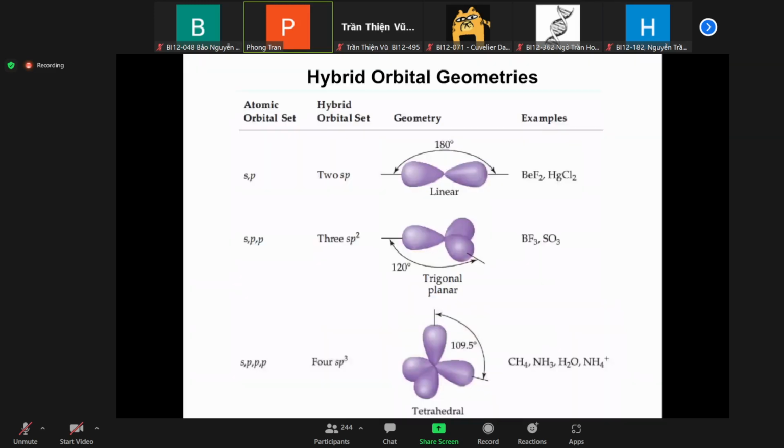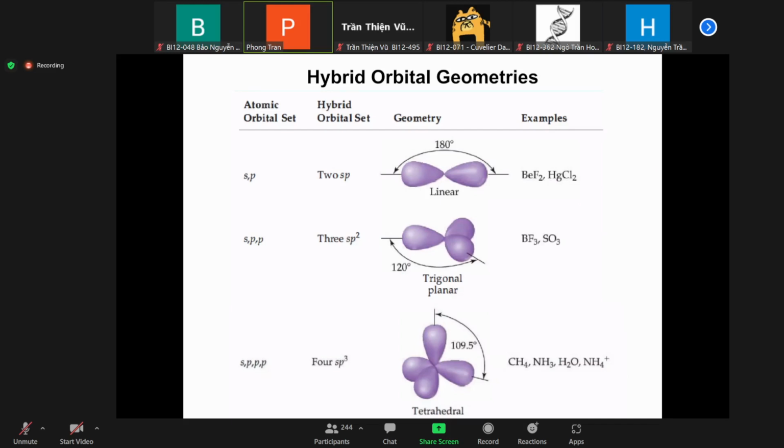Okay, so here I summarize quickly the atomic orbital sets, hybrid orbital sets, geometry, and a few examples of the molecules that have this geometry and this hybridization. So if you take the orbital set of one s, one p, you have two hybrid orbitals, sp, and the geometry of the molecule will be linear.